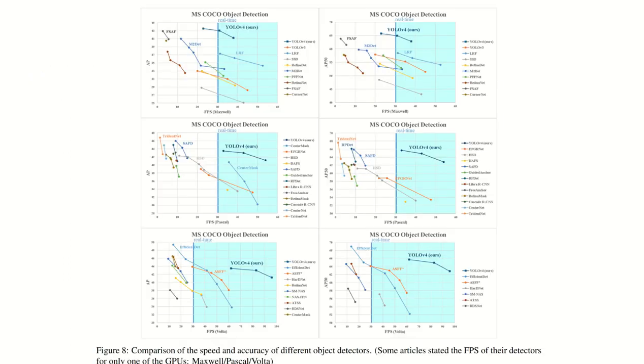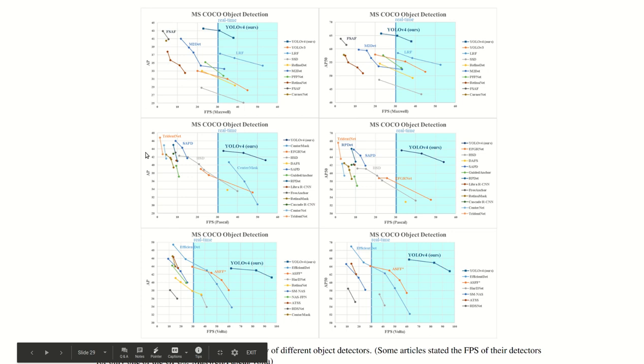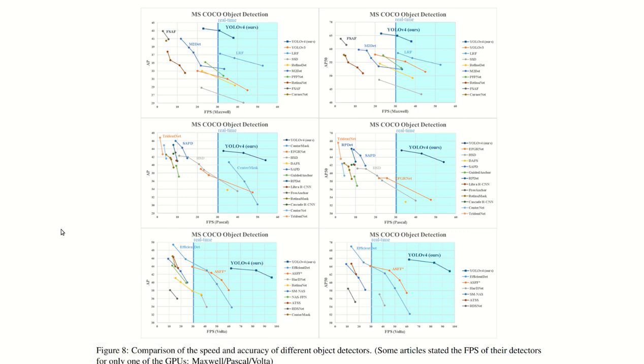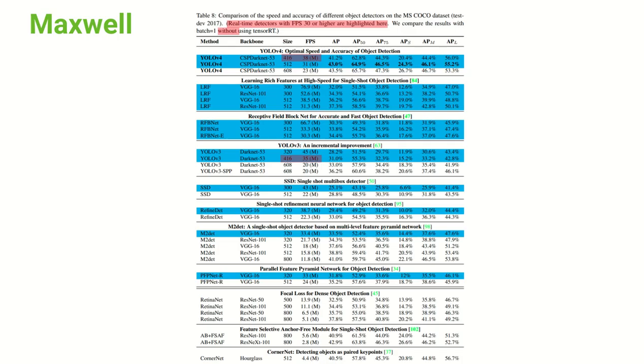So now we're going to show this diagram, which shows the AP and AP50 with the different GPU architectures from Maxwell to Pascal to Volta. The bottom line information is YOLOv4 is fast and also very precise and accurate.